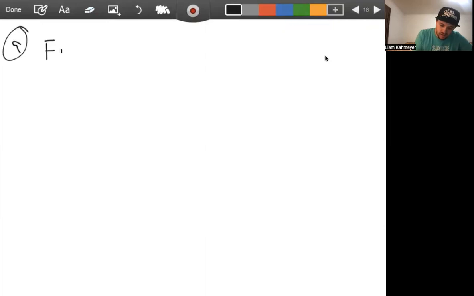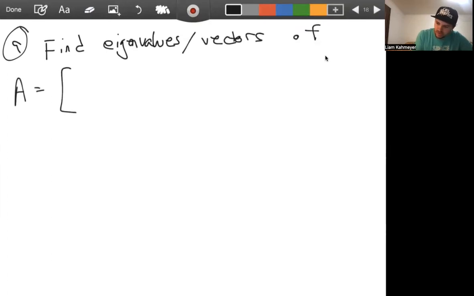And we want to find eigenvalues and vectors of the matrix A, which is given by 1, 0, 1, -1, 1, -1, and 1, 0, 1.